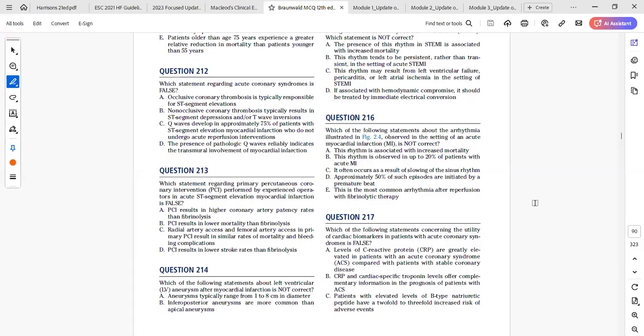B. This rhythm is observed in up to 20% of patients with acute MI. C. It often occurs as a result of slowing of the sinus rhythm. D. Approximately 50% of such episodes are initiated by a premature beat. E. This is the most common arrhythmia after reperfusion with fibrinolytic therapy.